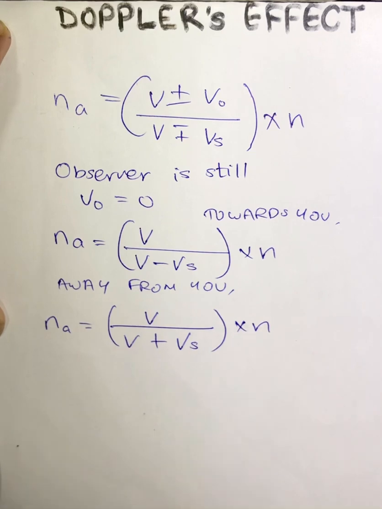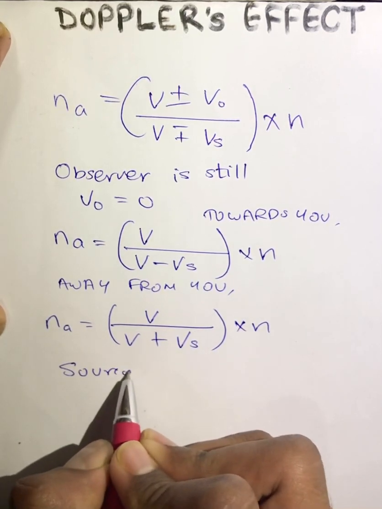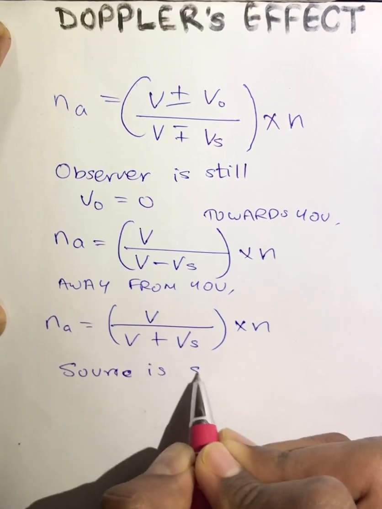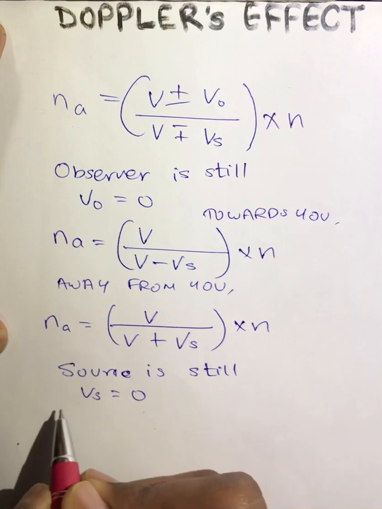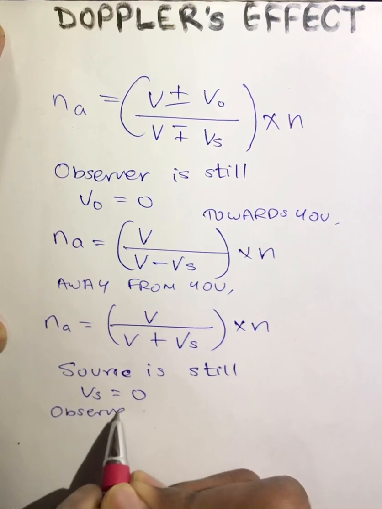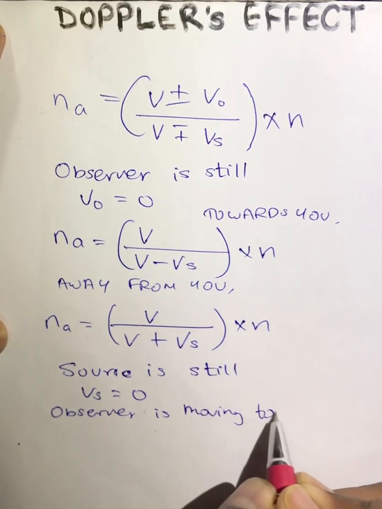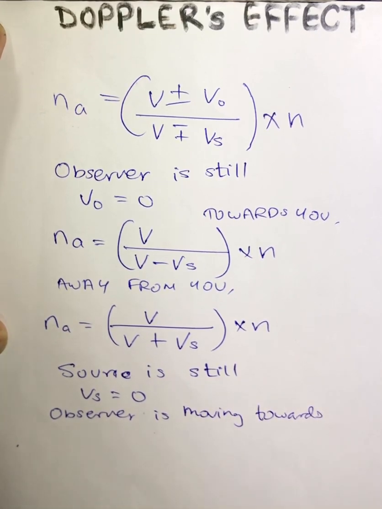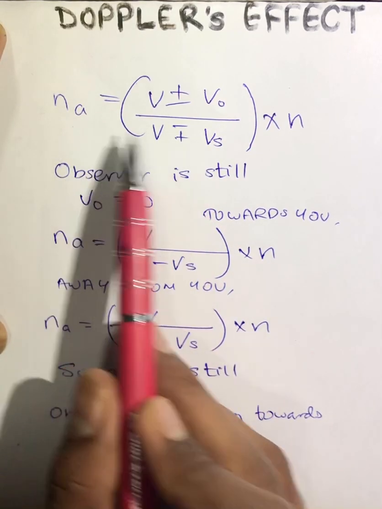Now let's consider another situation where the source is still, that is the velocity of the source is 0, and the observer is moving towards the source. Again we consider this equation.